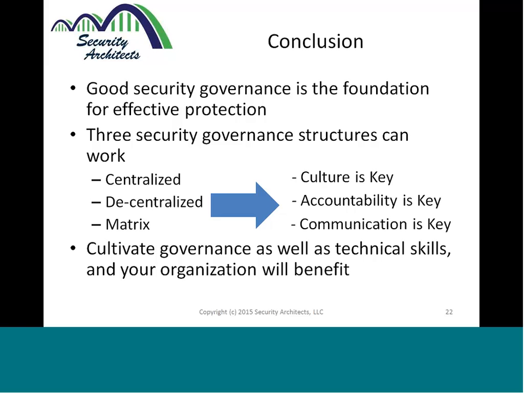So I think if you cultivate governance skills as well as technical skills for yourselves, whether you're in management or whether you're up at the CISO role, cultivating that governance skill so that you can function well in your part of the matrix and know how to work with the other parts and know how to escalate issues if appropriate or make the right arguments when you see something happening that's not happening the way it should.